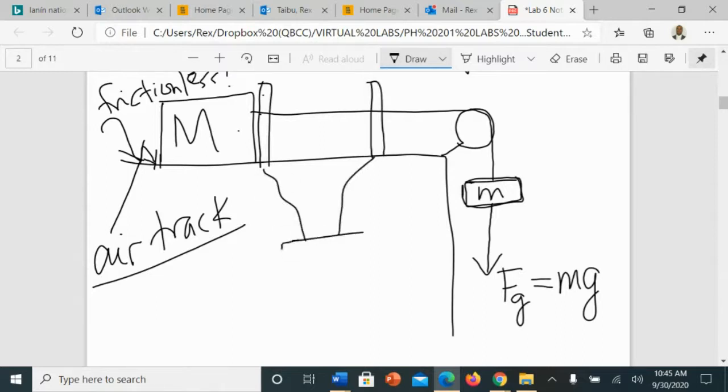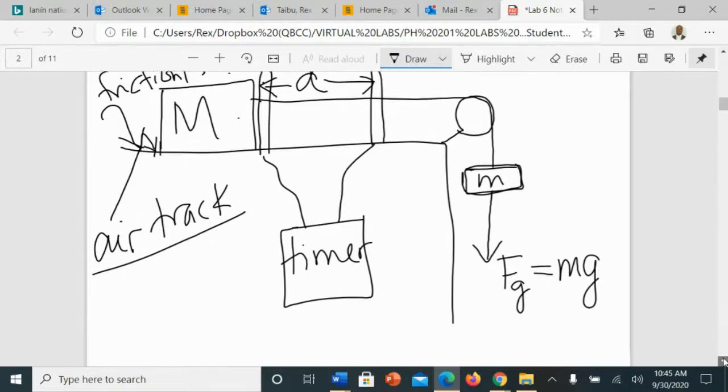Gates are connected to a timer, and the timer tells me how much time the car takes to pass through the two photo gates. So timer here, and then I'm also going to measure the distance between the two gates using a ruler. They are light gates. By so doing, I'm trying to see if I can measure the acceleration.